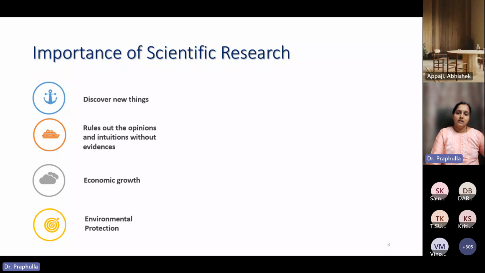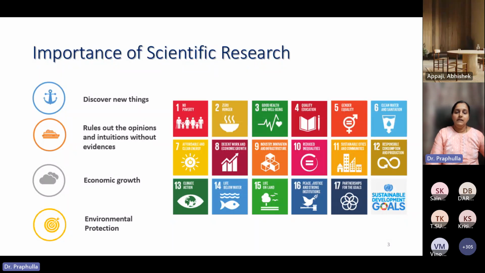We can see the Karnataka government is promoting that, and our local BMTC buses are using biodiesel along with the diesel. So these are the major points for which we need to do scientific research. Invariably, we can say that research helps to achieve the sustainable development goals. Now, if I take point number 4, quality education.